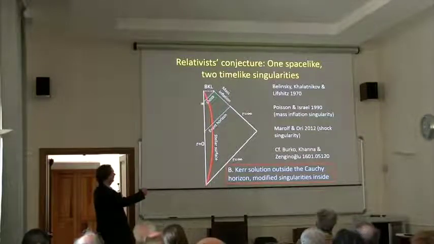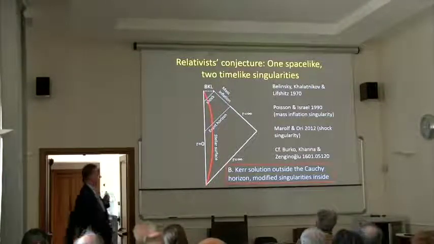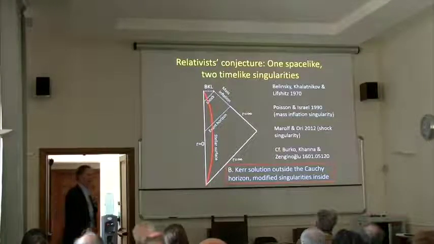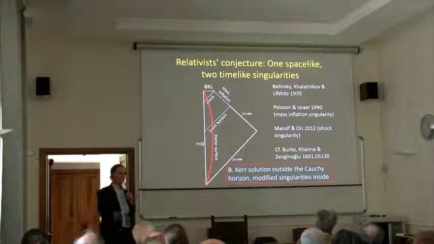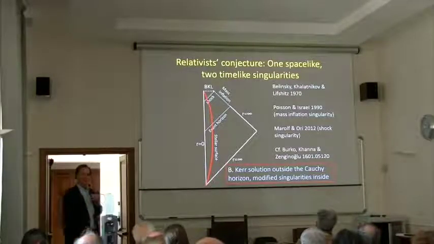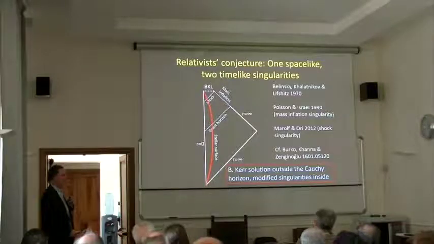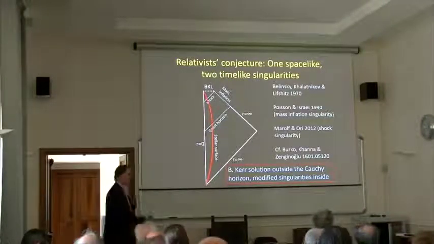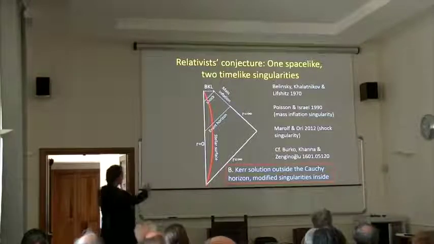This has recently been called a shock singularity by Marolf and Ori, and it's a somewhat weaker singularity in that although the curvature diverges, the integral effect of passing through that Cauchy horizon does not tidally disrupt a body. It's a weak singularity.